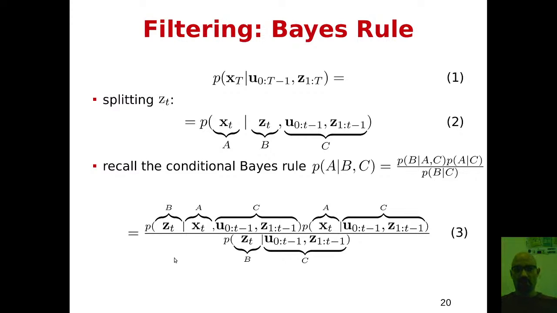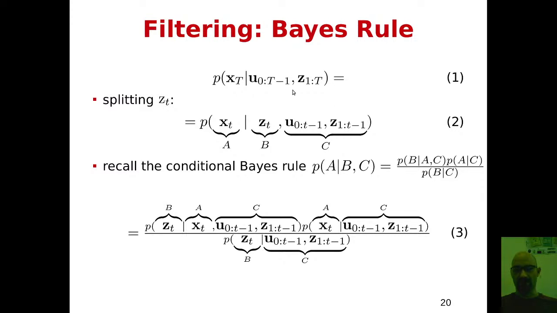To start our journey, we start from the target distribution, which is x of t given the previous states and the previous measurements. The first action that we can do is to extract from this list of measurements the measurement at time t. So then the list will become z between 1 and t minus 1, and zt will be alone.